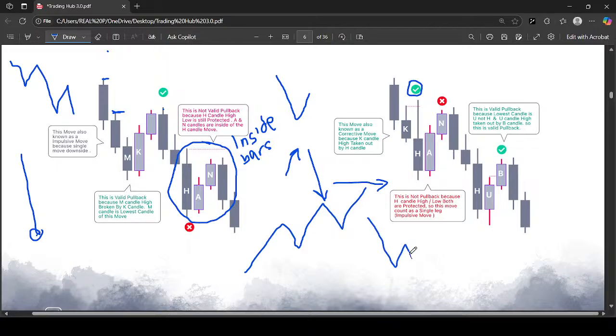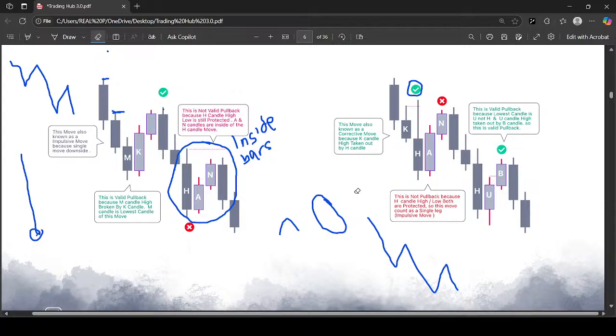Impulsive move, correction, impulsive move, correction, and what? Impulsive move, just like that.